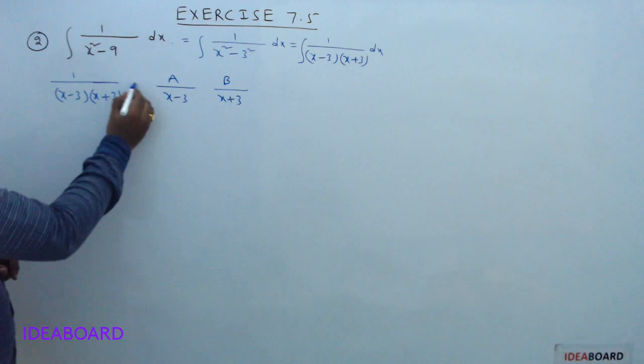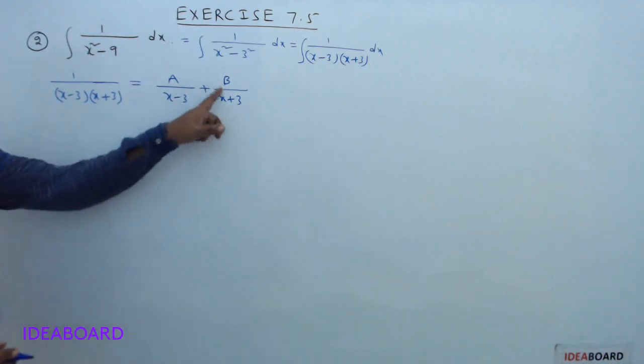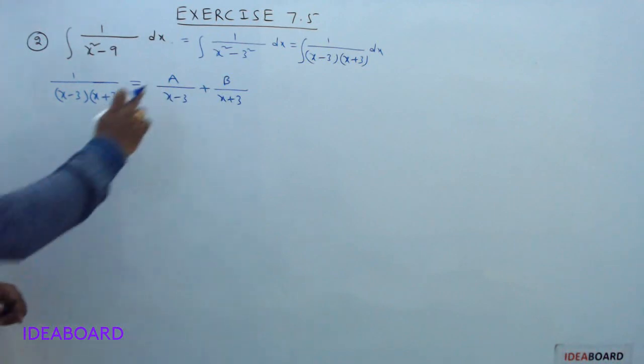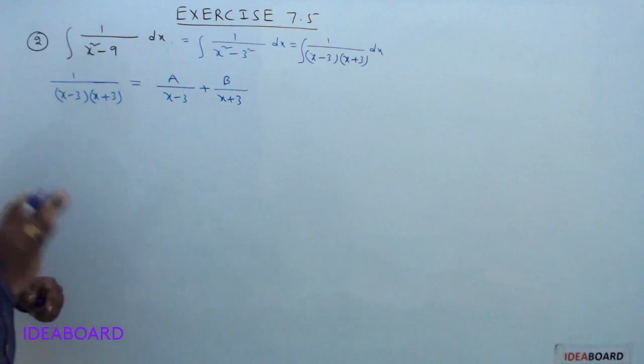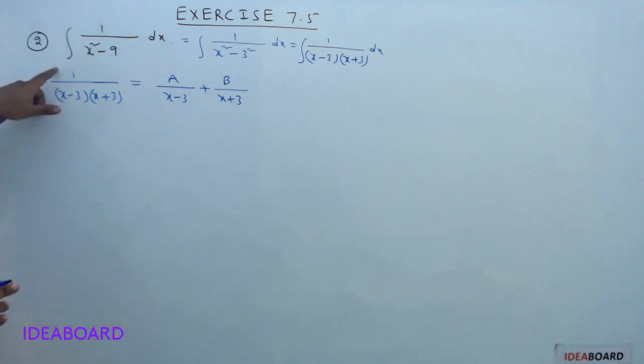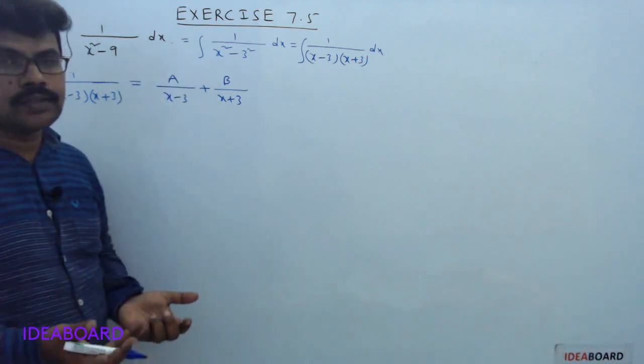Let it be b. So a by x minus 3 plus b divided by x plus 3. A by x minus 3 and b by x plus 3 are called partial fractions of 1 divided by x minus 3 into x plus 3. Here a and b are the unknown values.